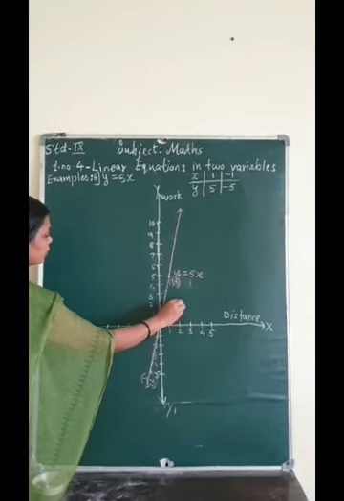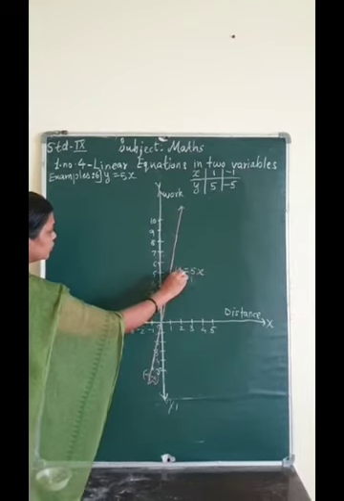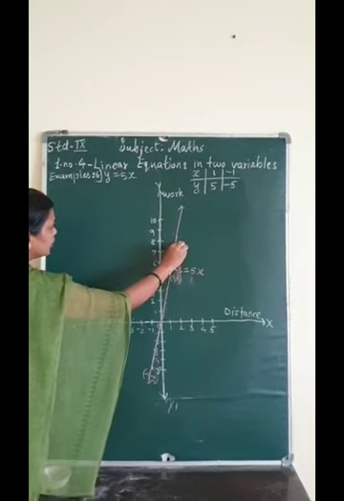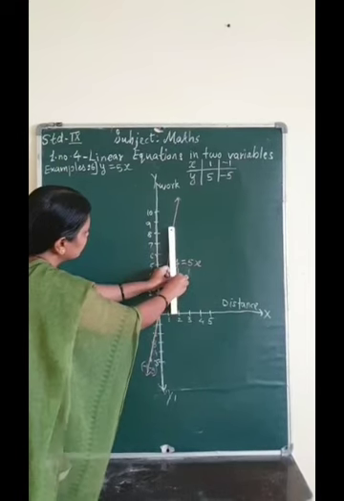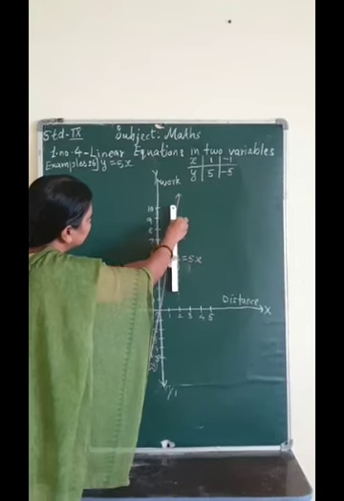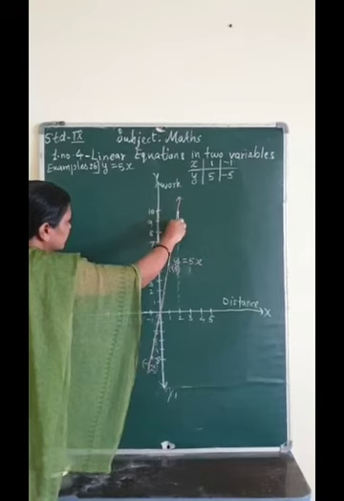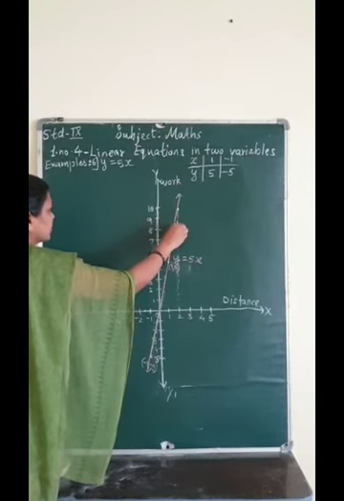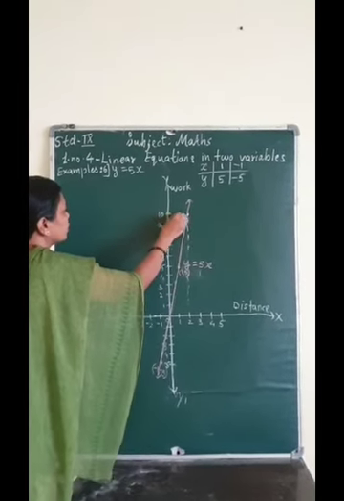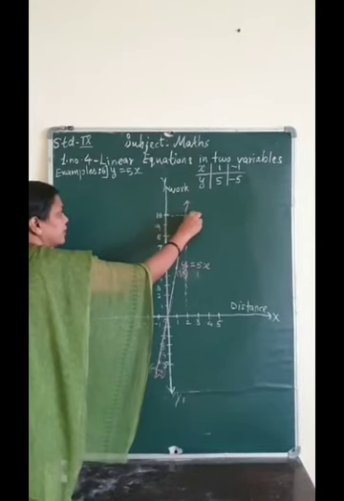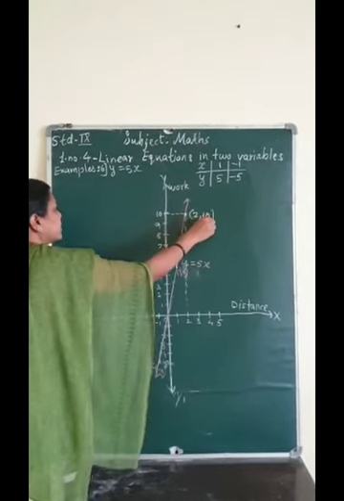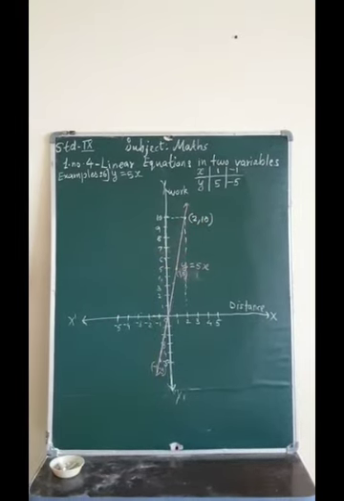We have to read it from the graph itself. If you take 2 units on the x-axis, the work done is here. The point on the line has coordinates (2, 10).